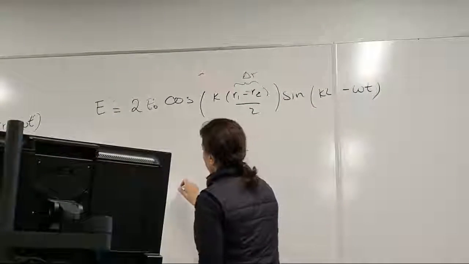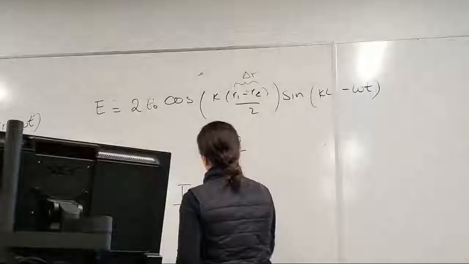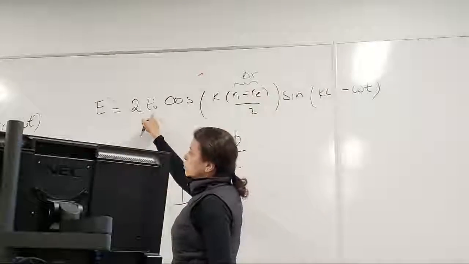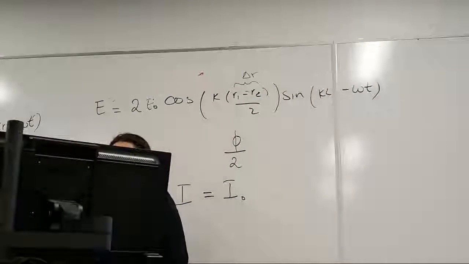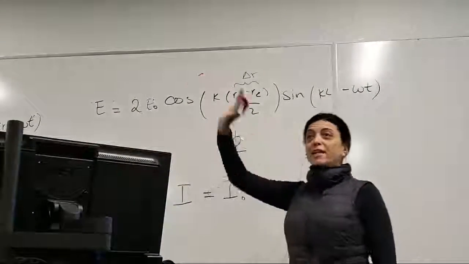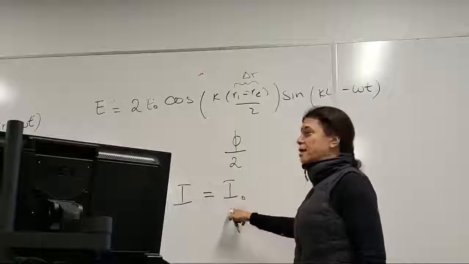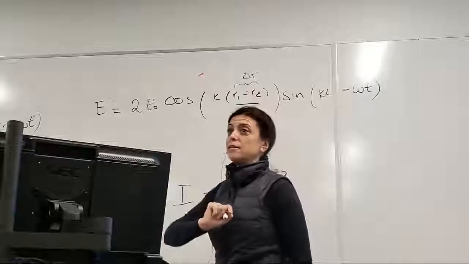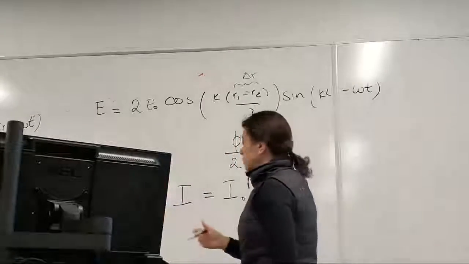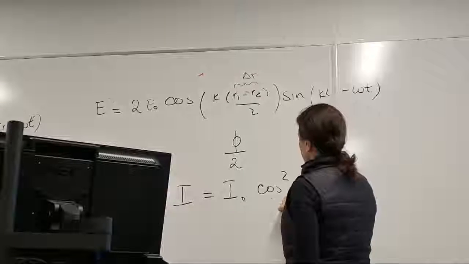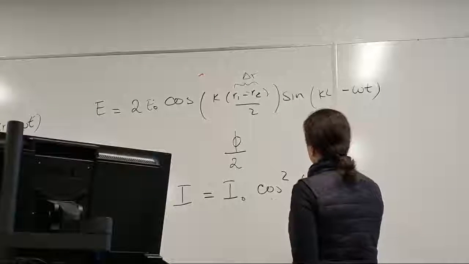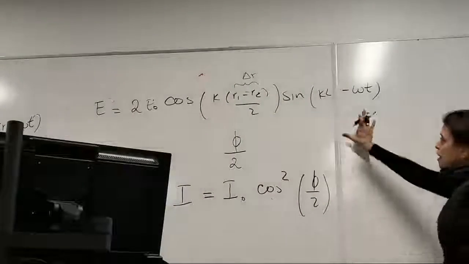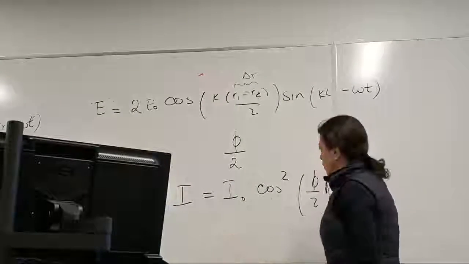So the intensity is equal to some maximum intensity, which includes E0, mu 0, c and the halves, constants that don't depend on anything, that go into this I0, times cosine squared of phi over 2, because the intensity is the square of the electric field. I absorbed the 1/2 in the I0, all right?